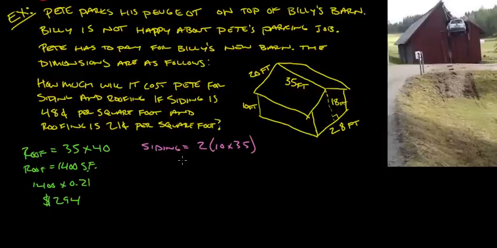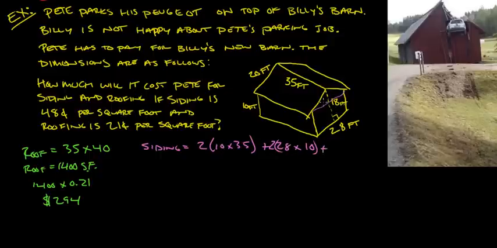All right, so that's just for the sides, and then this part here, if you think about it, we can really break this into a rectangle and a triangle. So again, we know that this part is 10 feet, so we also have this side and that side, just the rectangle piece, which is 28 by 10, and there are 2 of those also.